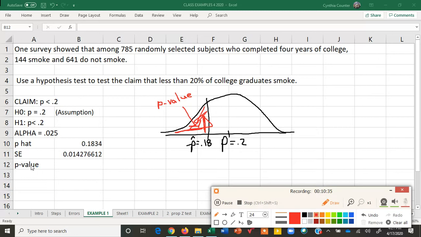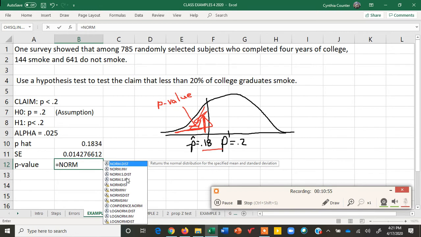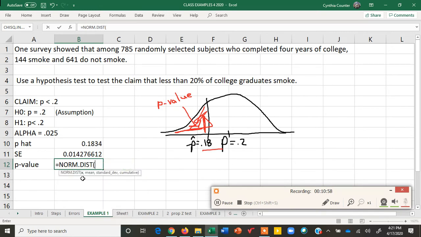All right, so let's compute that p-value. We're working with a normal distribution, and we want to find the area less than 0.18. So with Excel, we are going to use the norm.dist. Don't forget to write equals first. So the first input is this 0.18. What's represented by X here is the score on the horizontal axis that's defining our tail, and that's the sample proportion.